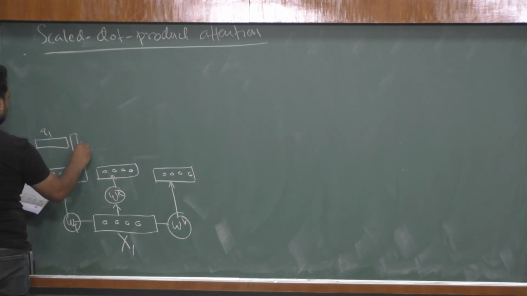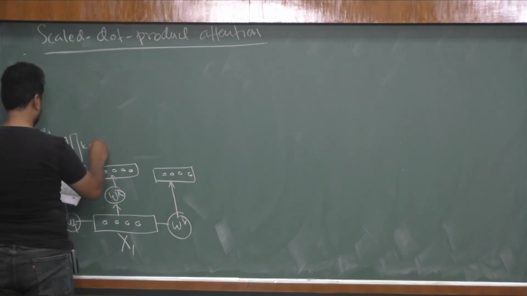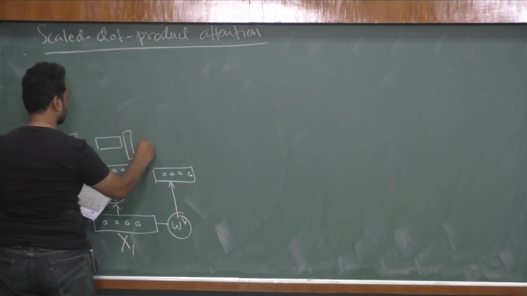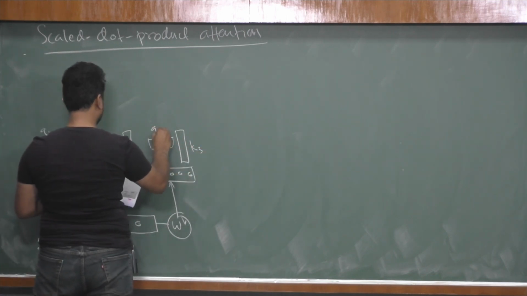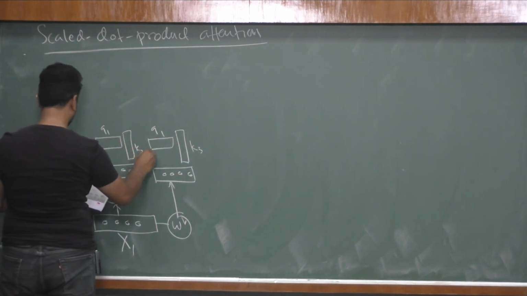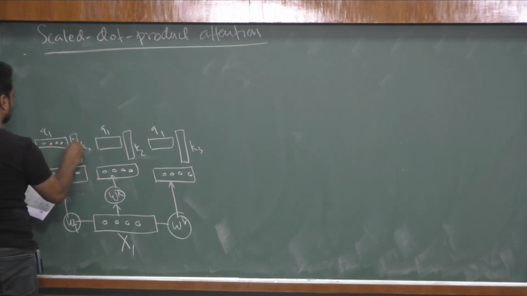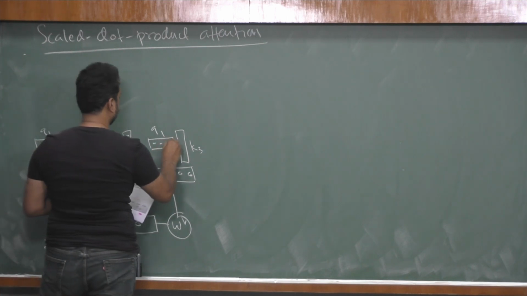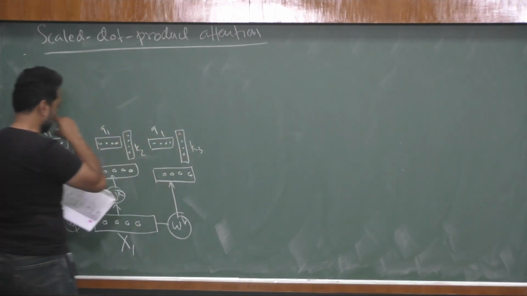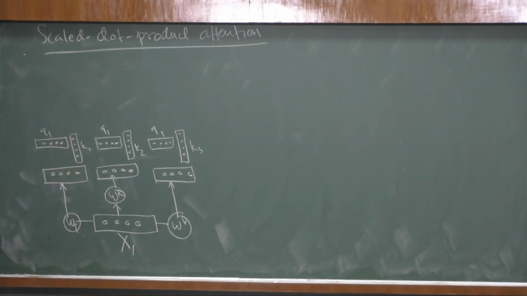This is q1 k1, and then we have q1 k2 and q1 k3. Okay, so this is where we are.